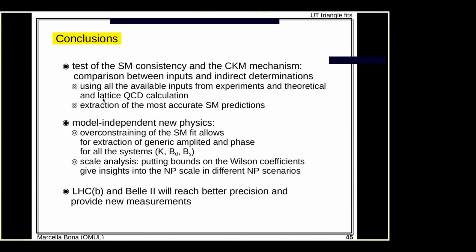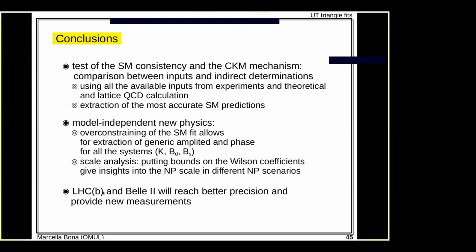So to conclude, with this global fit, we can test the consistency of the standard model and the CKM mechanism. We can compare inputs and indirect determinations. We can do predictions. And we always update regularly with all the latest results. We can do the model independent fit, both in the generic way and in the scale analysis by considering specific models.